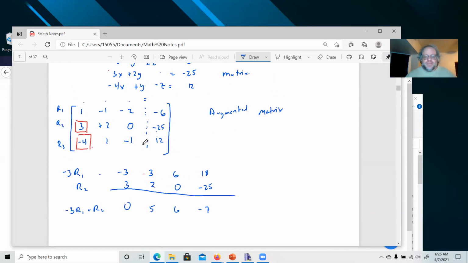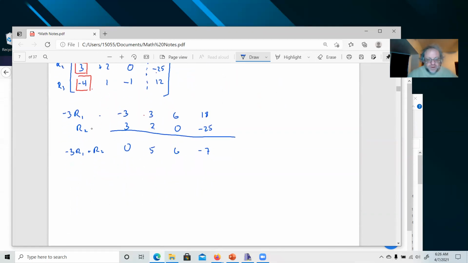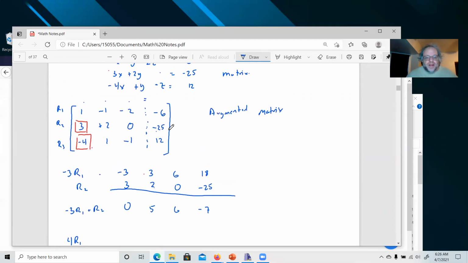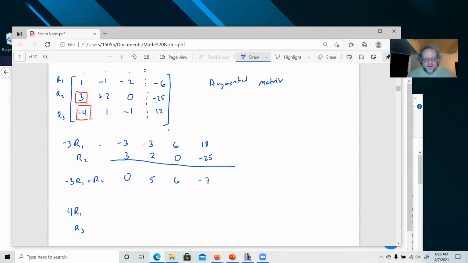Okay, same process to get rid of this -4, but I don't have to do a negative here. I could just say row 4. Okay, so we can say 4 row 1, and then we're going to have row 3 underneath. Okay, let me get rid of that plus for right now. Here we go. Okay, so 4 row 1 is going to be 4, -4, -8, and then 4 times 6 is going to be -24.